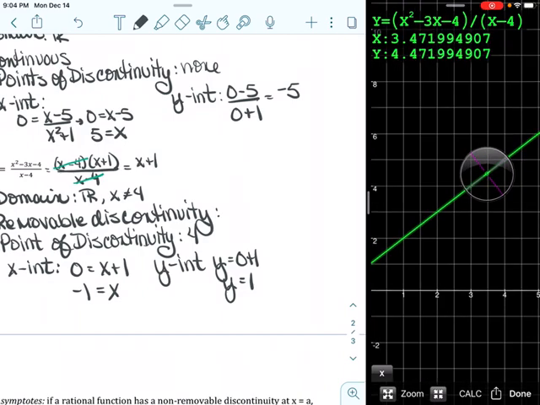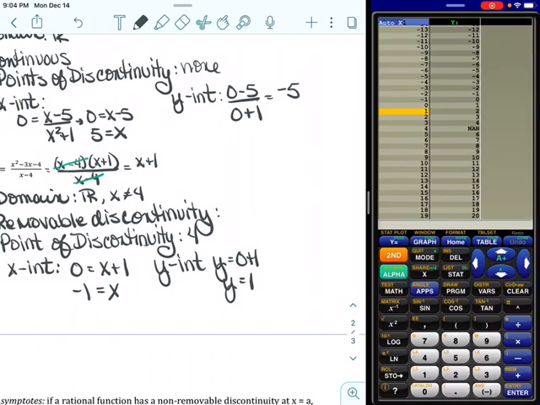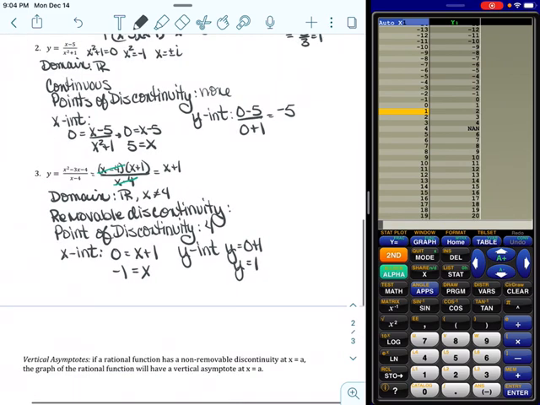Yeah, it's not going to let me do it. But if I go to the table, you're going to see at 4, it's no real answer, because it's going to be discontinuous there. Some calculators allow you to see the hole. These don't, because if you think of it as an Etch A Sketch, it can't stop and start.